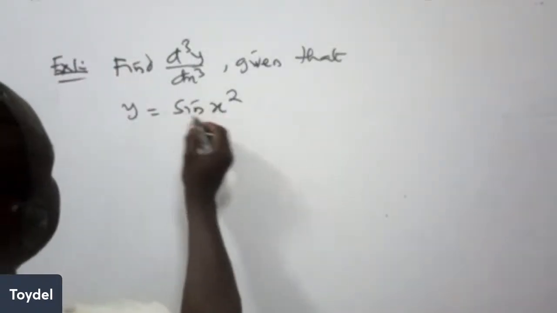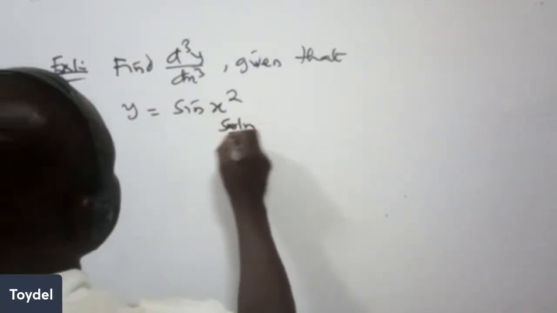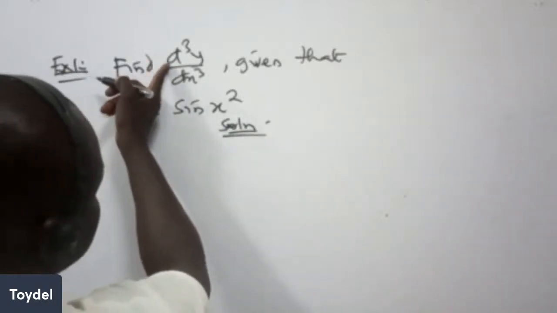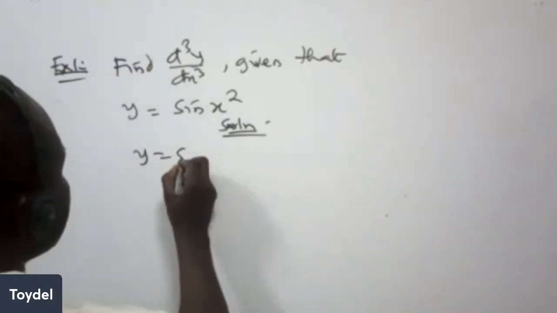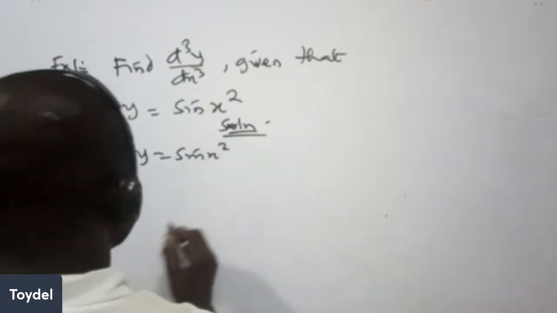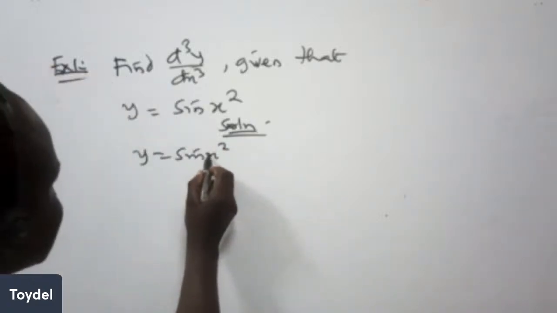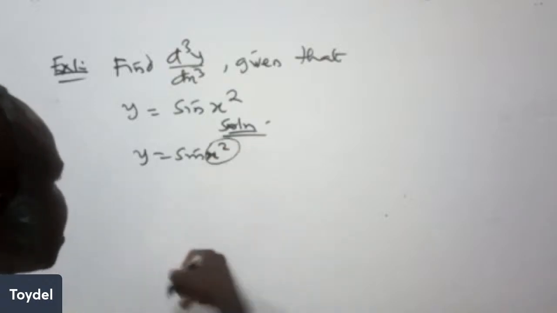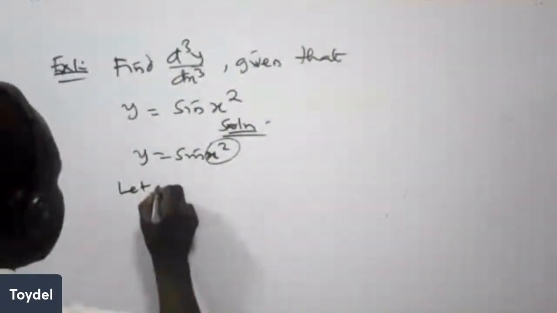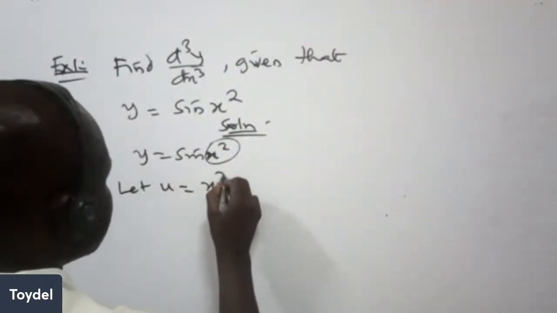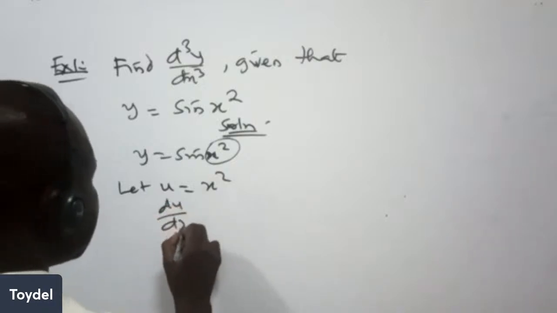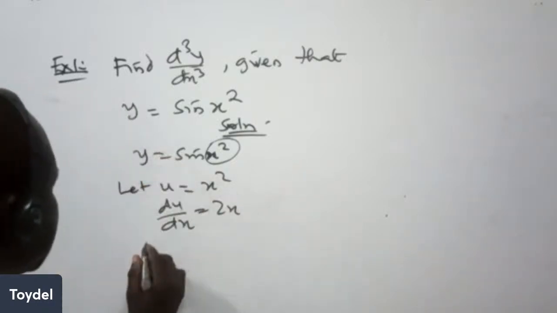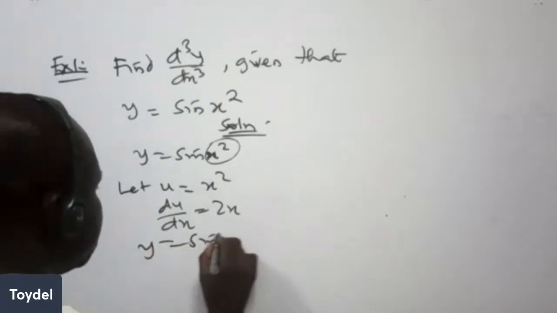So y is given as sine x squared. I won't be able to differentiate this sine function directly, so I will represent x squared as u. I can say let u equal x squared, so that du/dx will be equal to 2x. Then y will be equal to sine u.